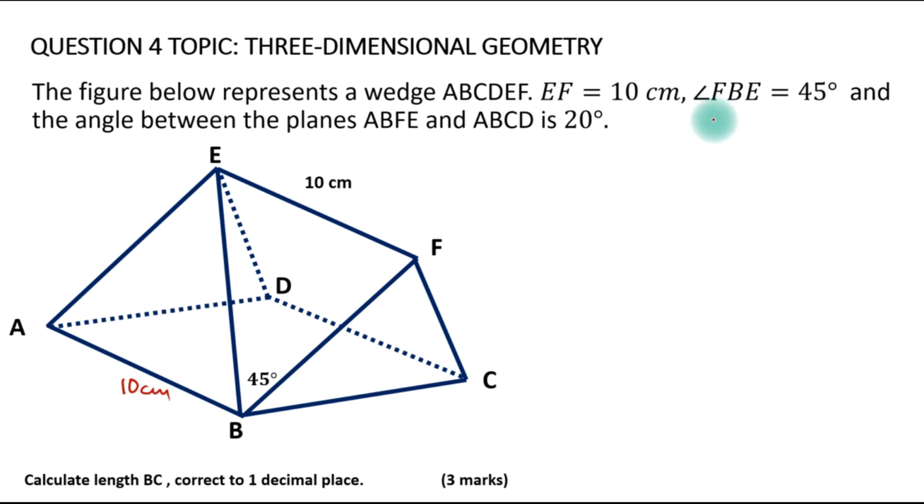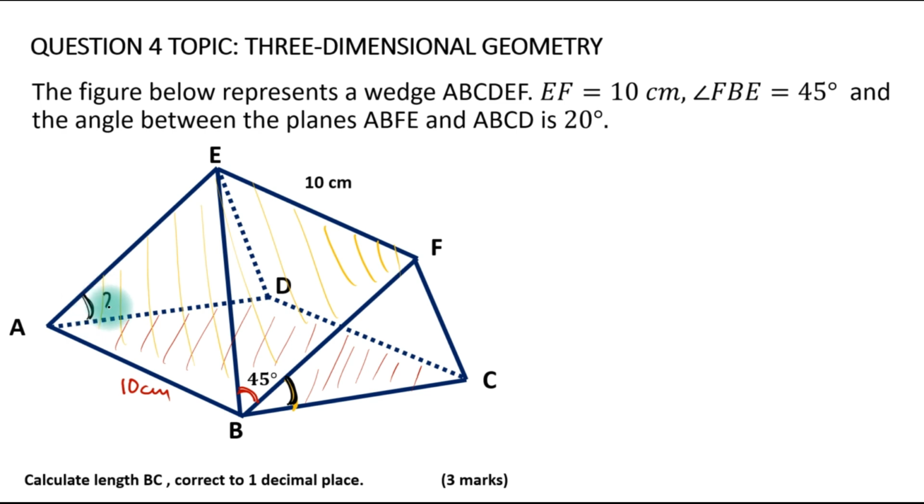The other thing, angle FBE is 45 degrees, and the angle between the planes, this is the plane that we are talking about, and the other plane is this plane, such that this is the angle that makes the two planes.